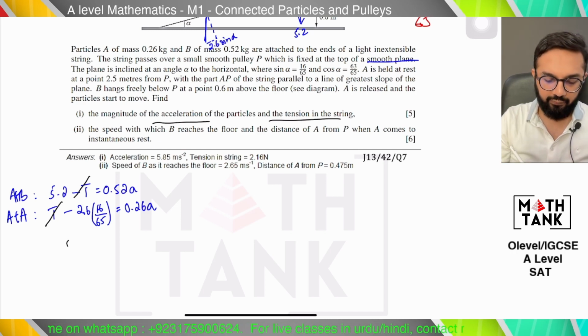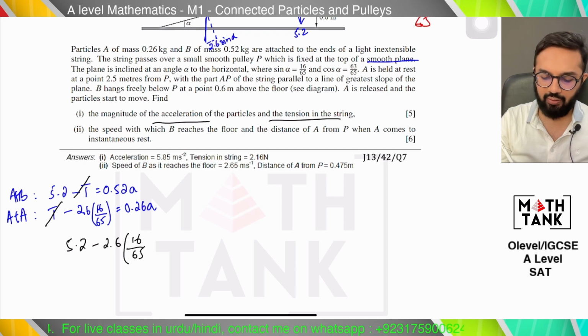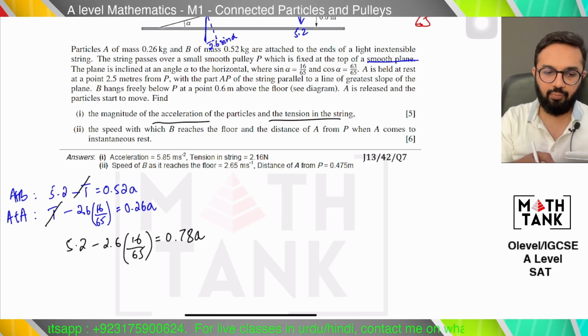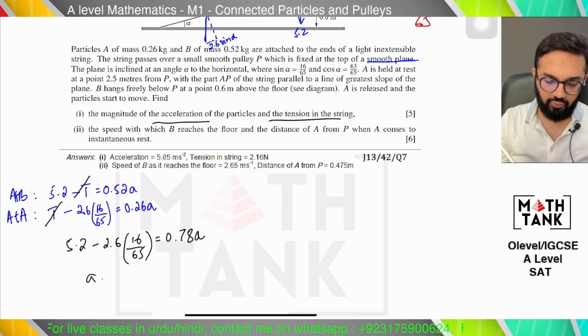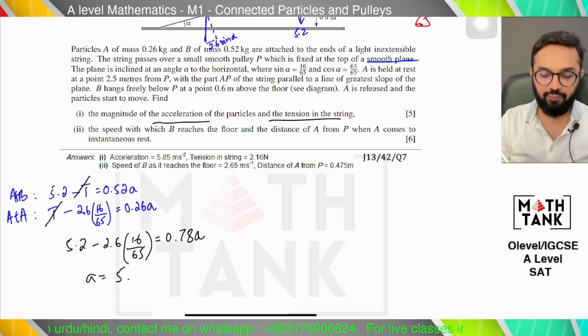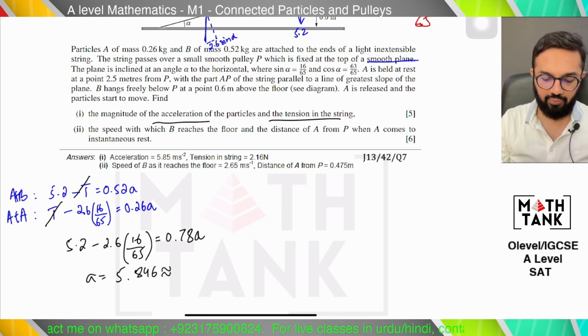It gives me 5.2 minus 2.6 into 16 over 65 equals 0.78a. So acceleration is 5.846, which rounds off to 5.85.